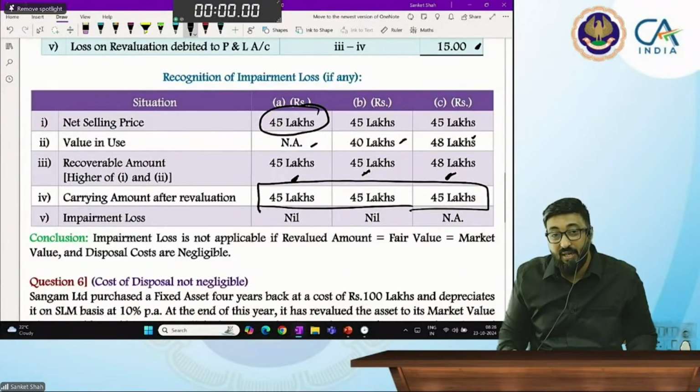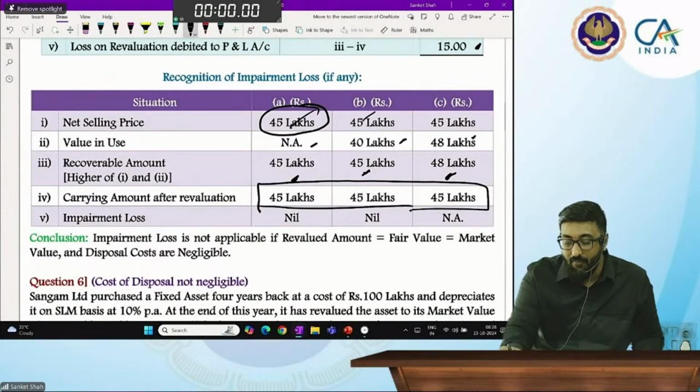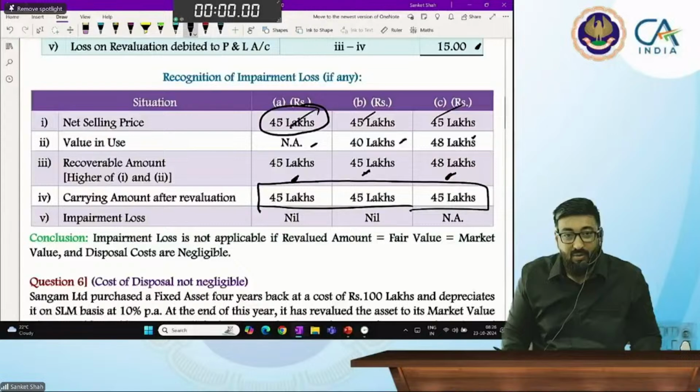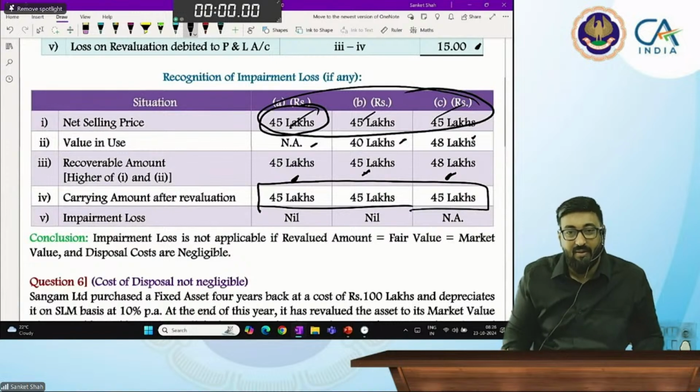And you can check, there is no scope for value in use in this. The logic is very simple. Because directly 45 lakhs is the fair value, and cost of disposal is 0, negligible. So I will always go with the higher amount.